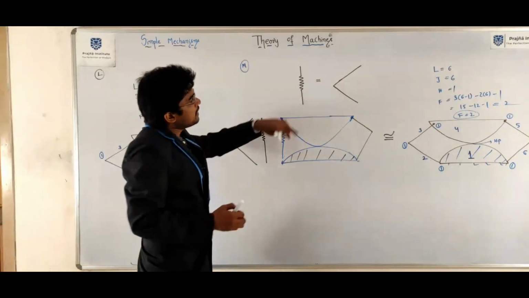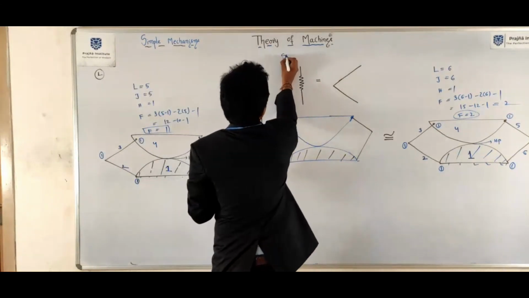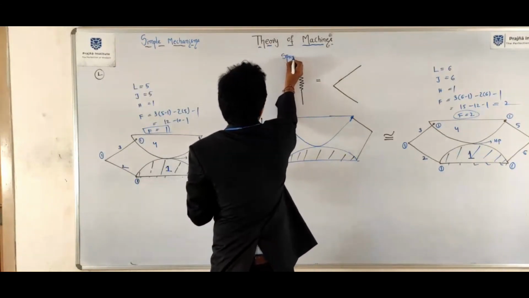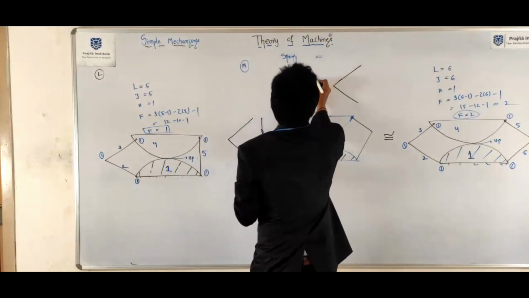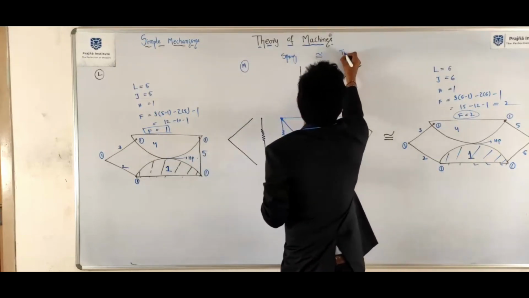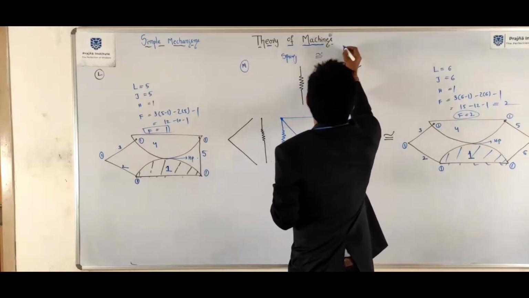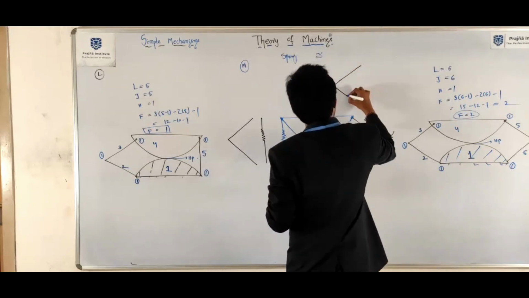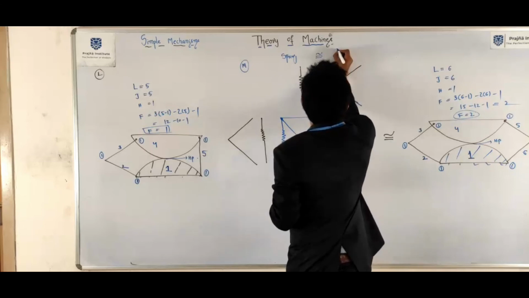One spring is equivalent to two binary links connected by a turning pair.